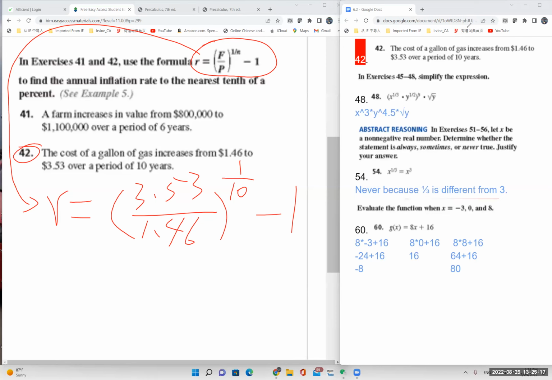Do you get the answer? No, not yet. I just want to know you can make use of a calculator to do it.